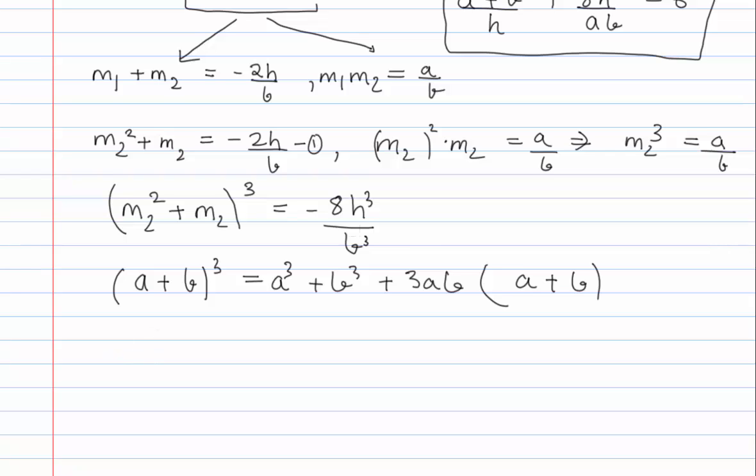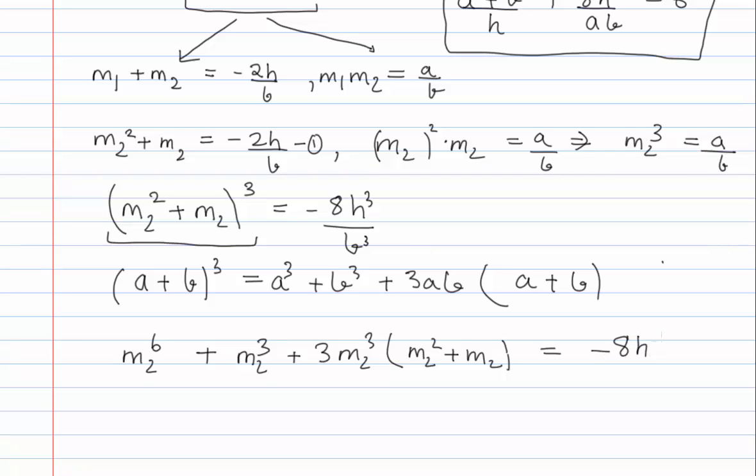So this is going to be equal to the first term cubed, which is m2 raised to the power 6, plus m2 cube, plus 3 times the product of the terms, which is m2 cube, times the sum of the terms, which is m2 squared plus m2, and this is just going to be equal to the right hand side, which is minus 8h cube upon b cube, right?